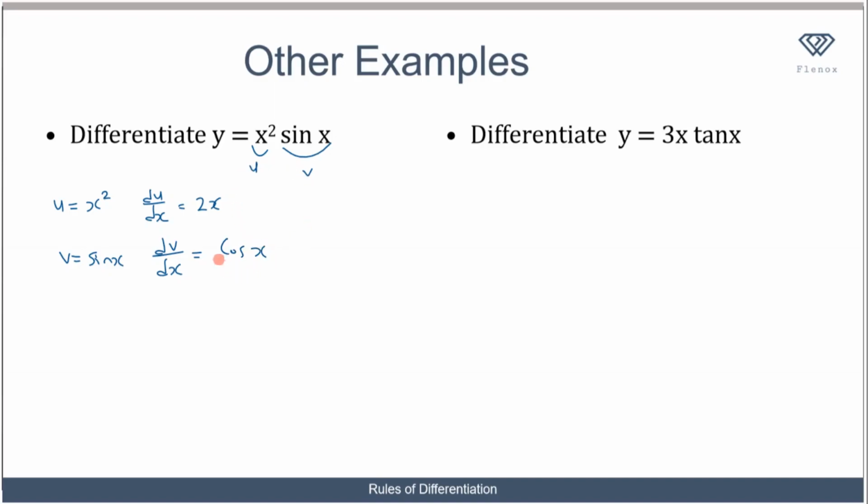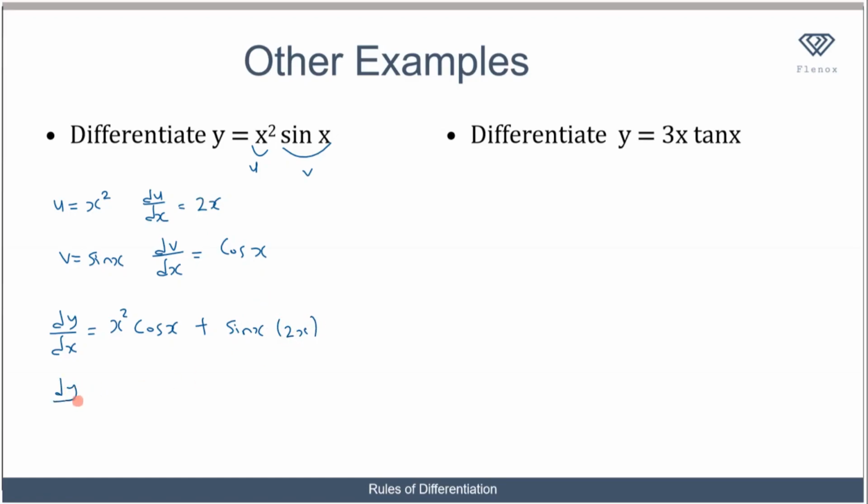So I can substitute it into the formula. My dy over dx will be equal to u, which is x squared, times dv over dx, which is cos x, then plus v, which is sin x, times du over dx, which is 2x.